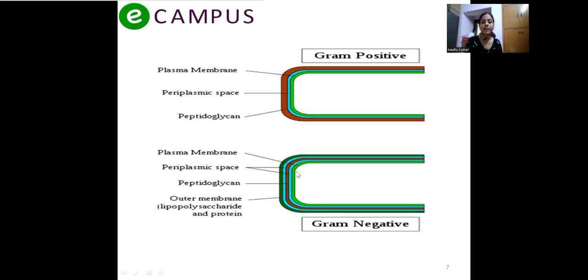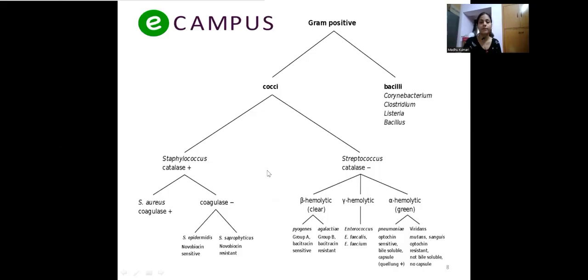Whereas in gram negative bacteria, this is the plasma membrane, then the periplasmic space, then the peptidoglycan layer, then again the periplasmic space, then the outer membrane. Means the peptidoglycan is sandwiched between the inner membrane and outer membrane of bacteria, right? This is the main difference between gram positive and gram negative bacteria.